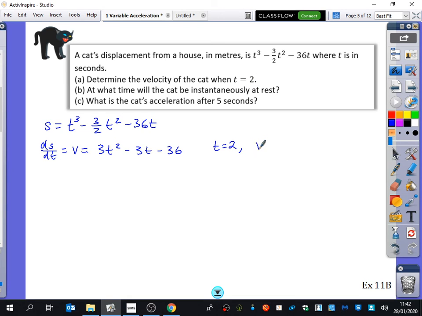So when t is equal to 2, v is equal to 3 times 2 squared minus 3 times 2 minus 36, which is just minus 30 meters per second.